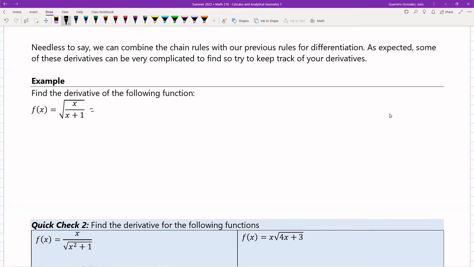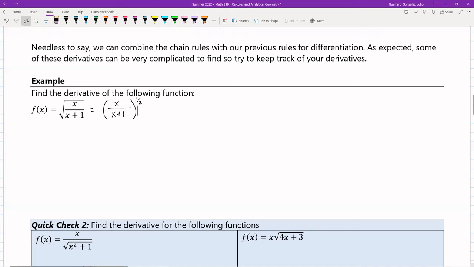So I'm going to rewrite this, and this is perfectly fine for anyone to do. This can be x over x plus 1, to the 1/2. The way I'm going to do it is not entirely required. You can do this with a different method, and all of the methods should get you the same answer.